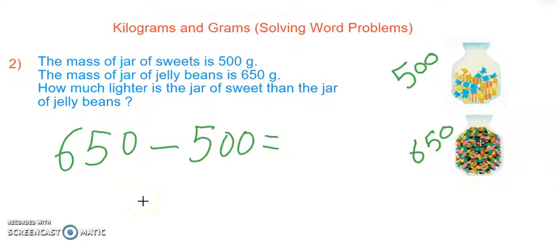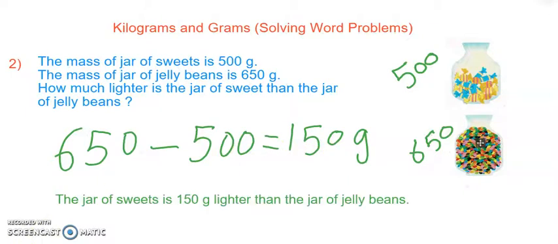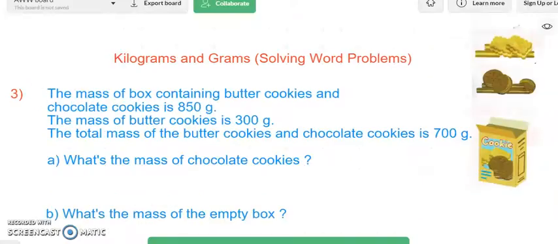So the answer is 150 grams. So the jar of sweets is lighter than the jar of jelly beans by 150 grams. Or we can simply say the jar of sweets is 150 grams lighter than the jar of jelly beans. Here is another example.